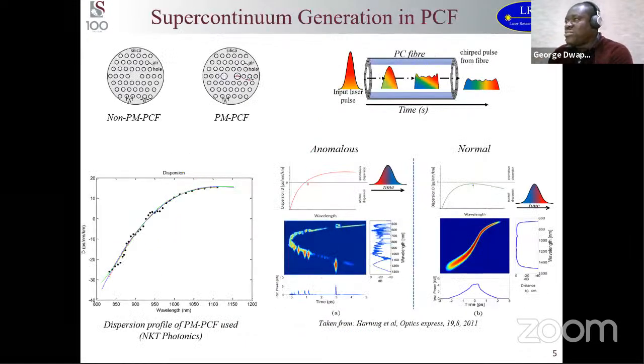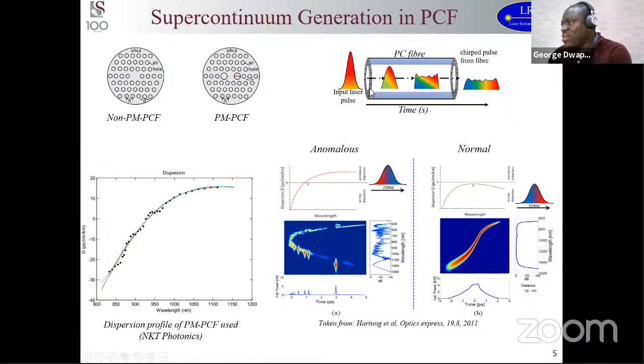So the supercontinuum generation, as previously mentioned, is basically focusing light into a photonic crystal fiber. Depending on the core of the fiber, you can either have it non-polarization maintaining or polarization maintaining. So you pump the fiber with a chirp-free pulse.